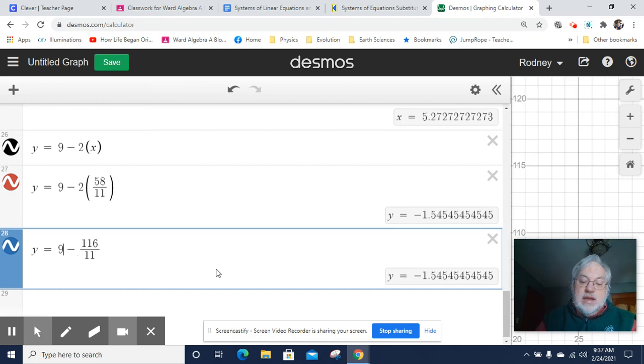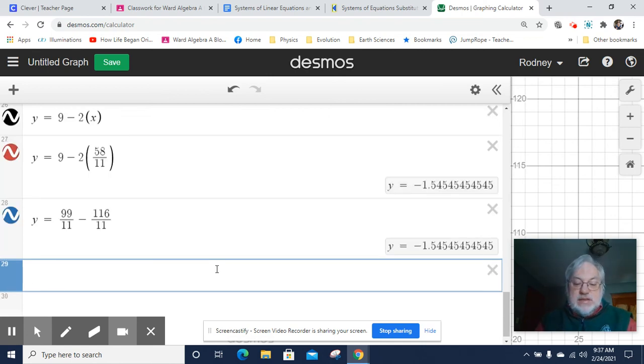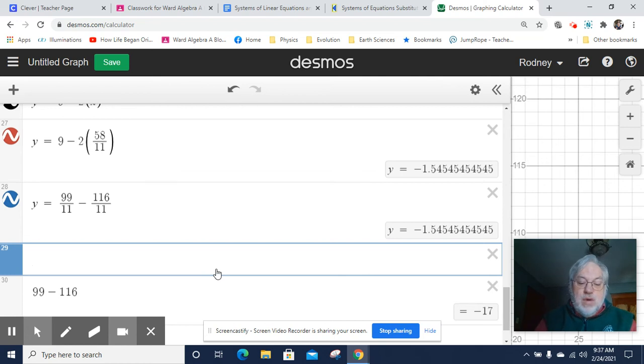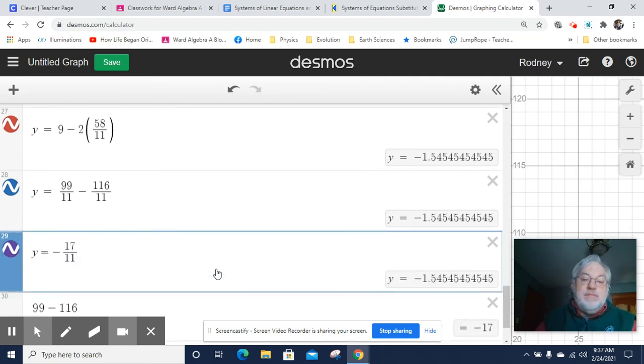So 9 is the same as 99 over 11. And now I can work out what 99 minus 116 is. 99 minus 116 is going to be negative 17. So y is going to equal negative 17 over 11.